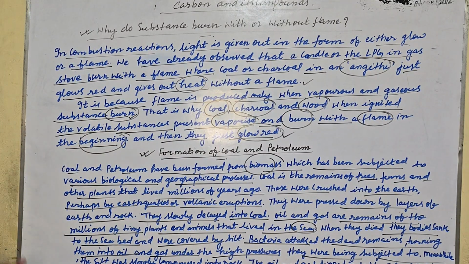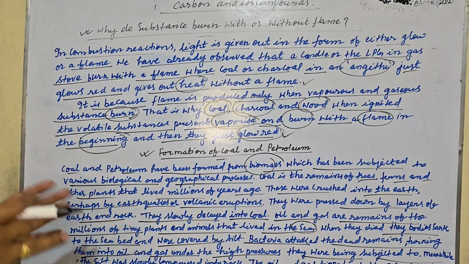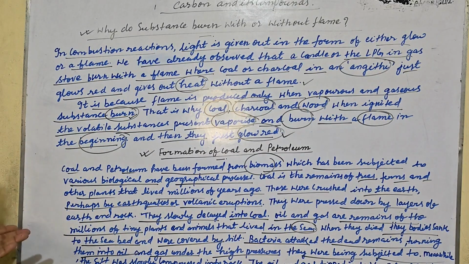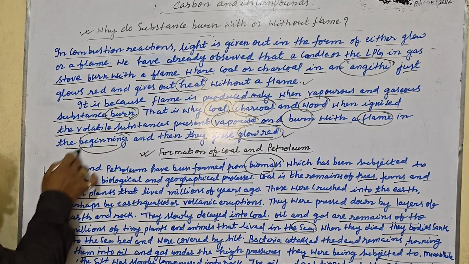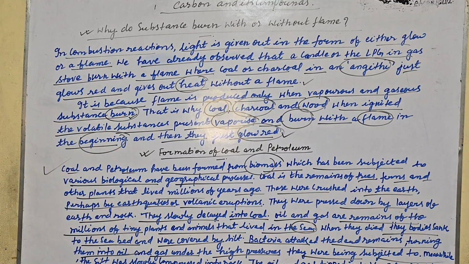Oil and gas are remains of millions of tiny plants and animals that lived in the sea. When they died, their bodies sank to the seabed and were covered by silt. Bacteria attacked the dead remains, turning them into oil and gas under high pressure. Meanwhile, the silt was compressed into rock, and the oil and gas slipped into the porous parts of the rock and got trapped like water in a sponge.